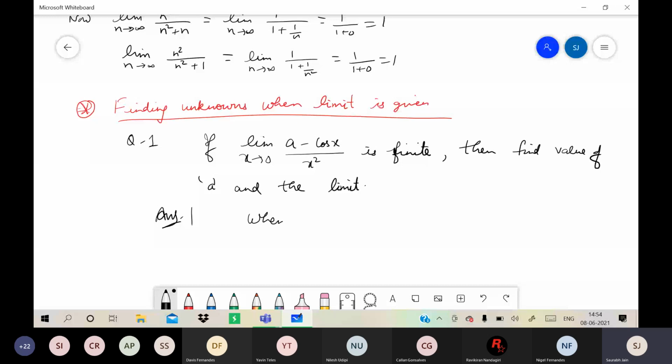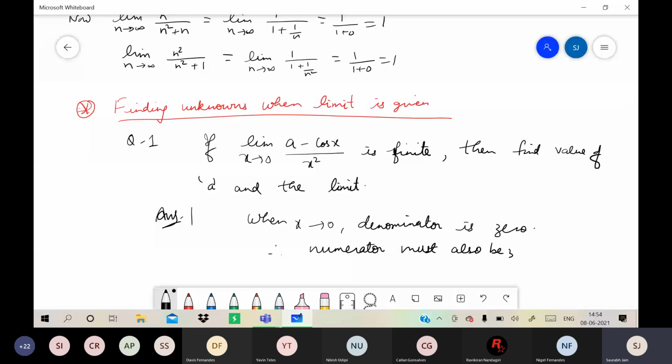See, when x tends to 0, the denominator is 0, right? Denominator is 0. 0 means tending to 0. Okay. So therefore, the numerator must also be 0. Numerator must also be 0.